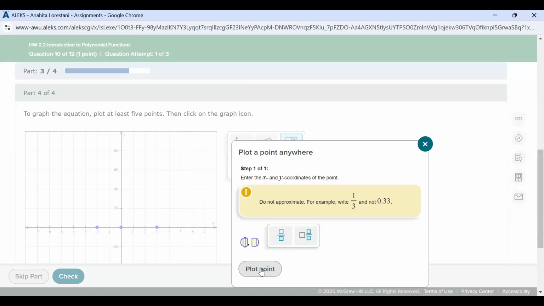So those are your 3 points, and then you are going to put another point, 1, comma -6. And another point, let's get rid of this. Okay, another point is -1, which gave us -4.